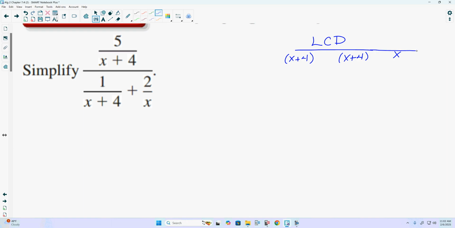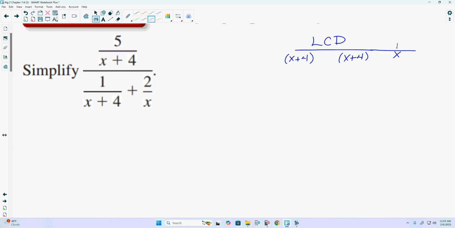Now, luckily for us, all 3 of the denominators in the top and bottom of the fraction are as simplified as they can get. X plus 4 is as simplified as it gets. We can't do anything to it in both spots. X, simplified as it gets.